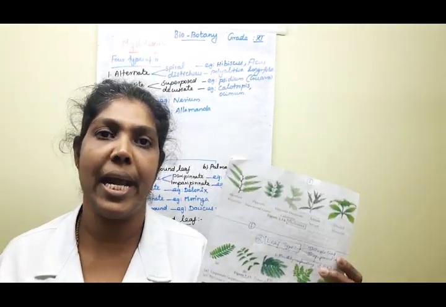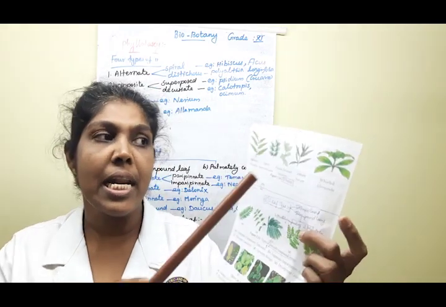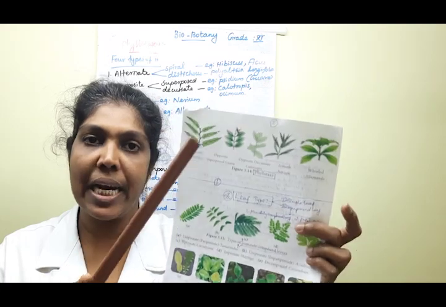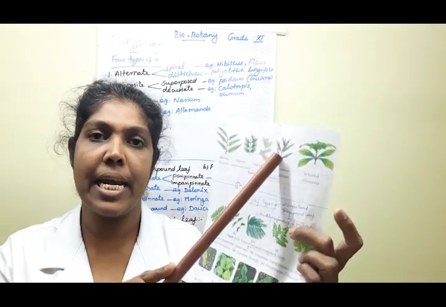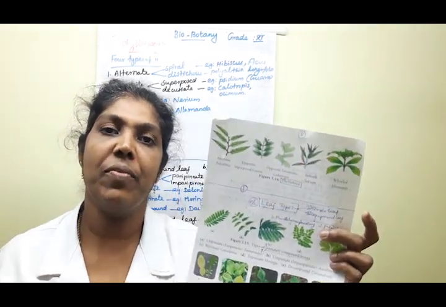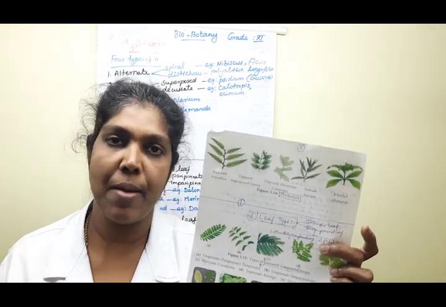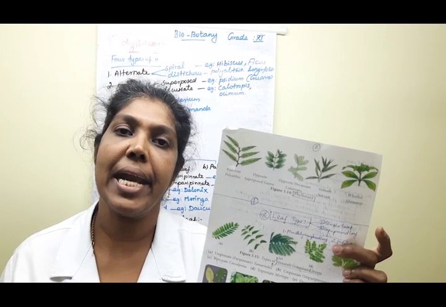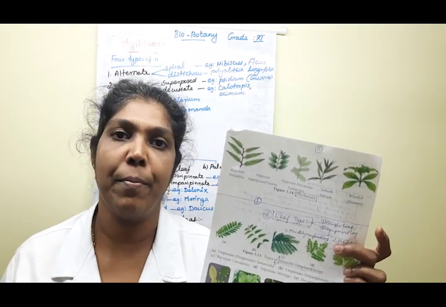A good example of the species is Nerium. So each nodal region bears three leaves, and that type of phyllotaxis is known as ternate phyllotaxy. The good example of the species is Nerium.